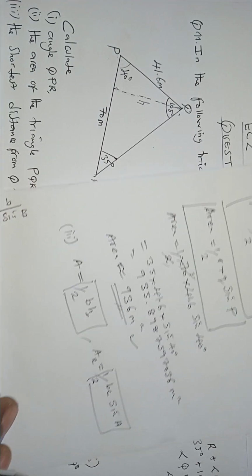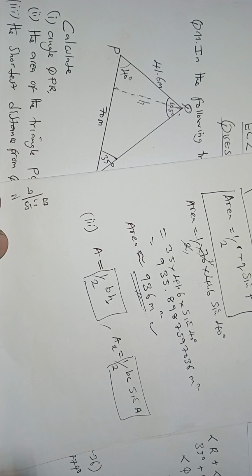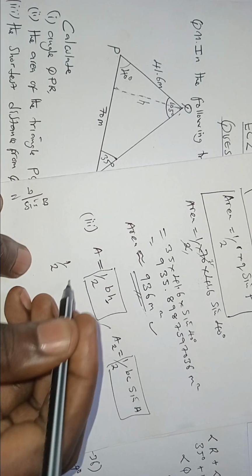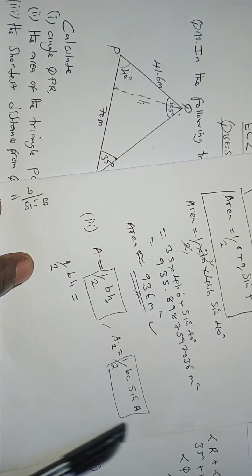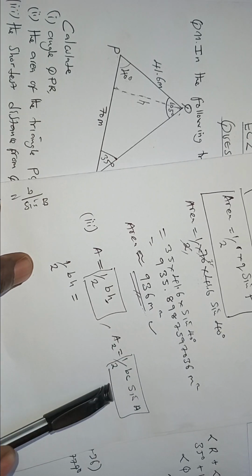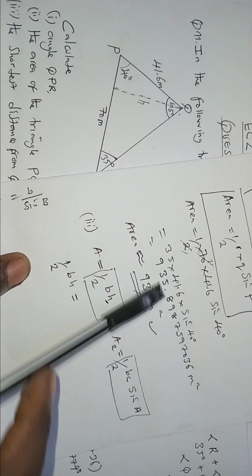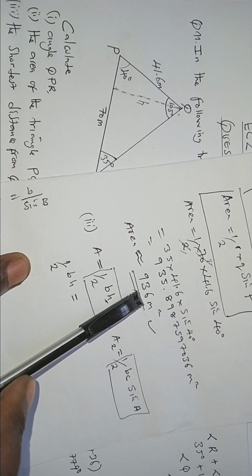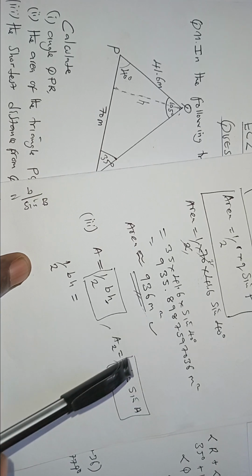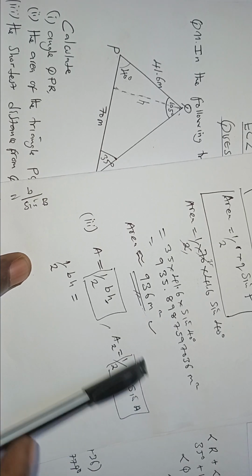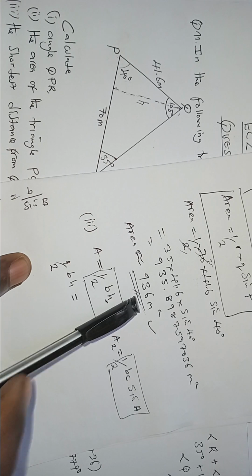So from there, I hope you are with me. We have 1/2 BH is equal to, so we said this area 2 is what we used to calculate the area on top. So instead of again substituting this information in that formula, we can simply get the value for area 2, which is the one on top.